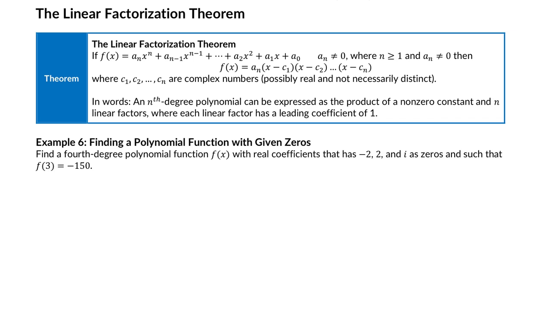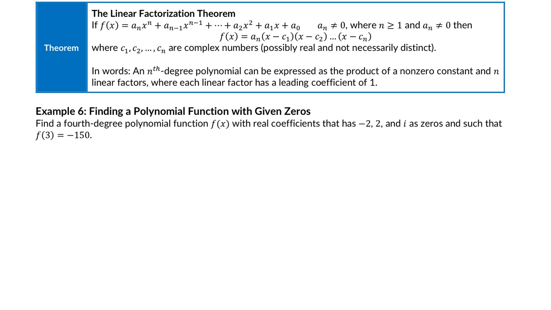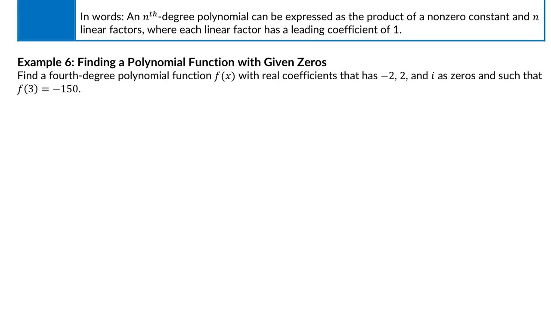It says to find a fourth degree polynomial function f of x with real coefficients that has -2, 2, and i as zeros, and such that f of 3 is equal to -150. Oh boy, let's get started. Are you ready? This information of having zeros at -2, at 2, and at i tells me the following information.